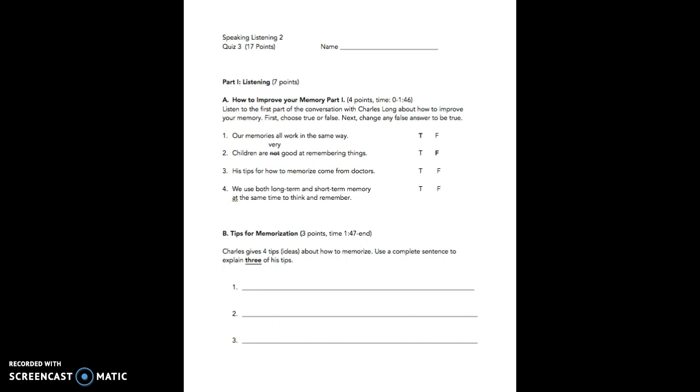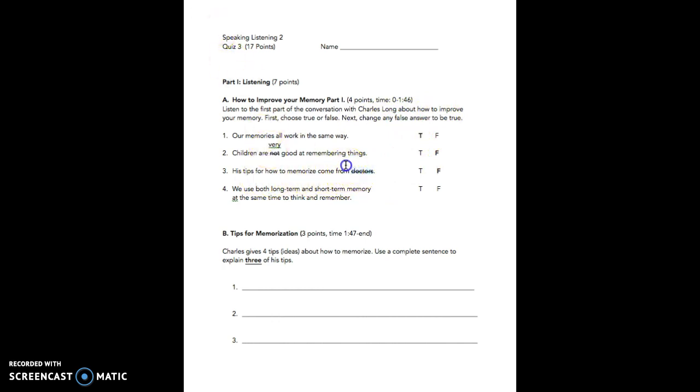So he says the tips are based on things that we used to do when we were children. So the tips come from doctors? No, they don't come from doctors. We're going to say false. But now we have to change the answer to make it true, right? So where do the tips come from?